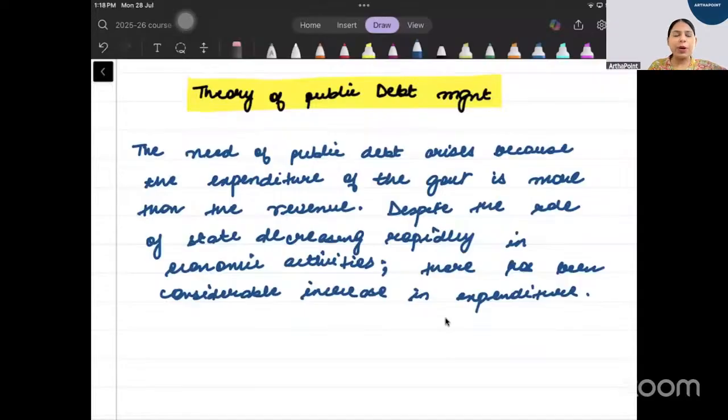But when we had the 1991 policies, LPG, privatization, the role of the public sector declined. Still, even though the role of the public sector has declined in economic activities, the expenditure of the government has been increasing rapidly. The government is still spending a lot of money, right? Now, how do we define public debt?